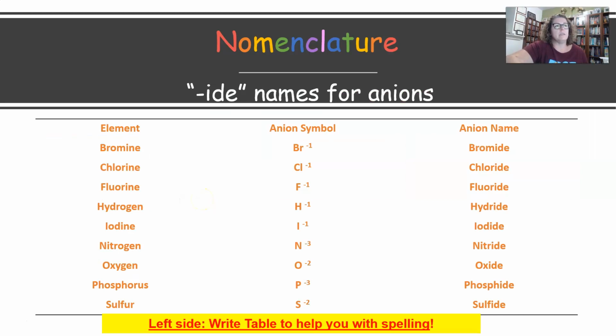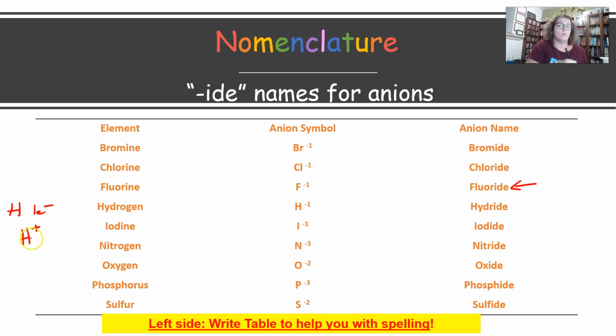I put this in the notes to help you with spelling until you get the hang of it. Like I said, the commonly misspelled one is fluoride. But be very careful with hydrogen. Hydrogen only has 1 electron. Who says he wants to lose? Typically, most of the time, he becomes +1. He loses because he only has 1.